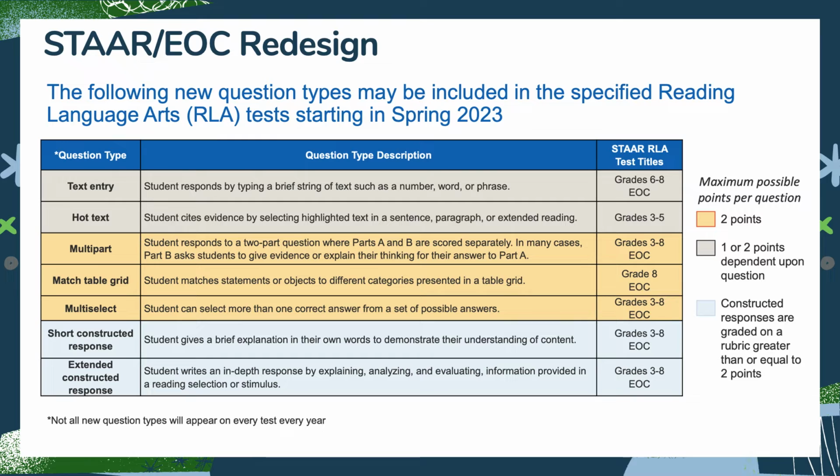As it stands right now, the short constructed response will be graded against a 2-point rubric. The extended constructed response will likely be graded against a 5-point rubric. But please know, as of the recording of this video, those decisions have not been finalized and the rubrics have not yet been released. So it is possible that those rubrics and the number of points for them may change.